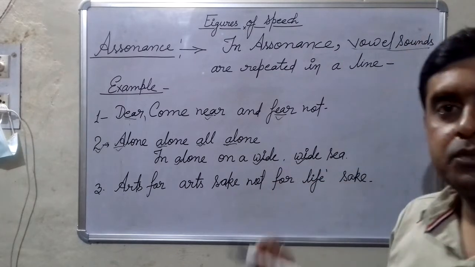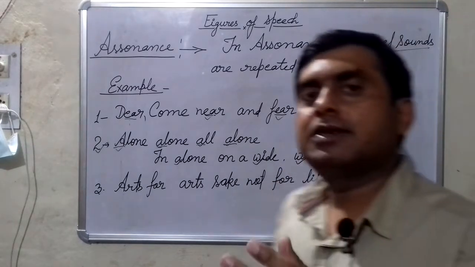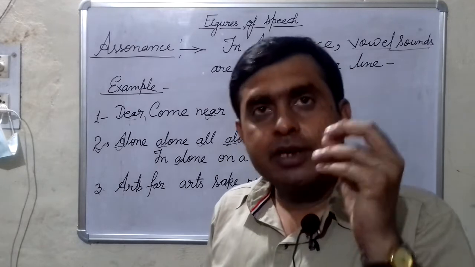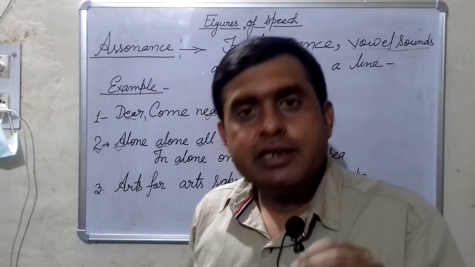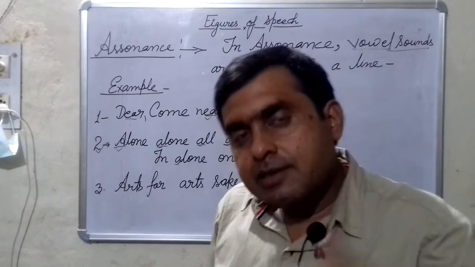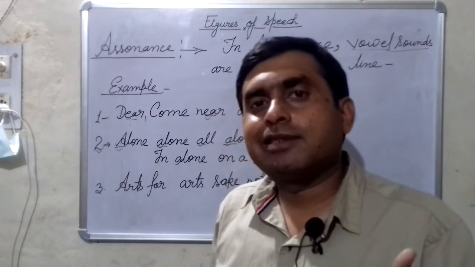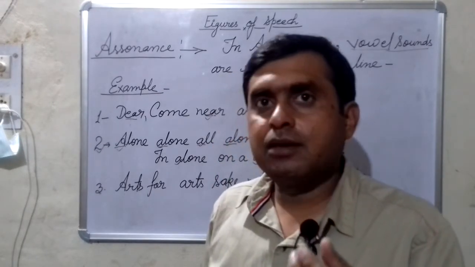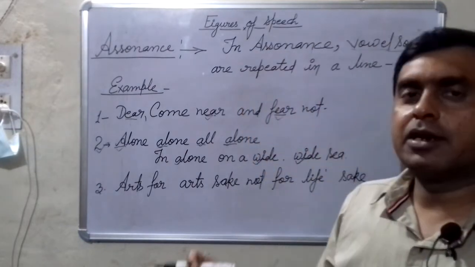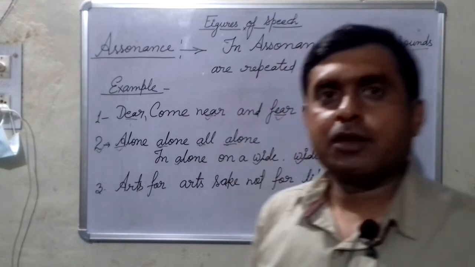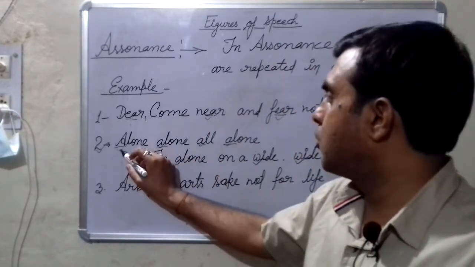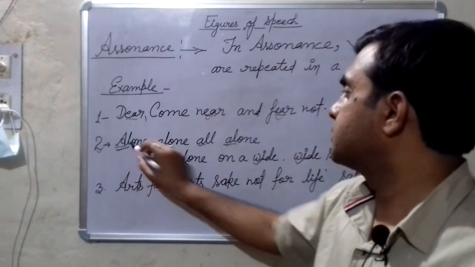Wide sea. So easily you can find it from the pronunciation when you read any line, and find that there is a repetition of vowel sounds again and again in a single line. Easily you can declare that there is the presence of assonance. I hope you have got it.